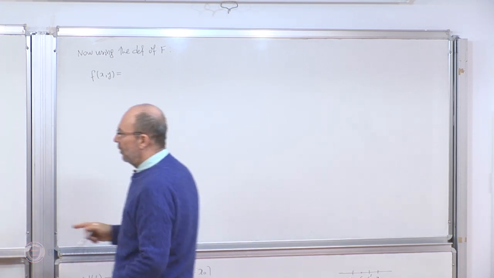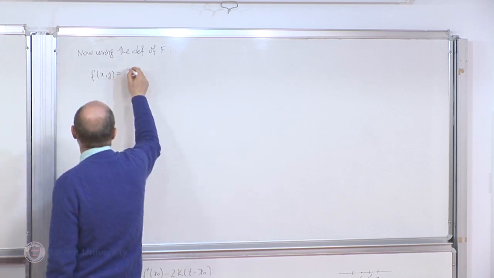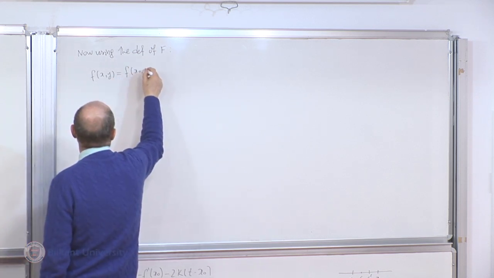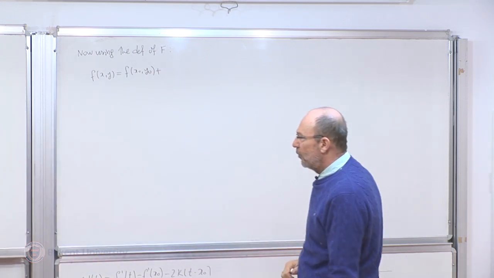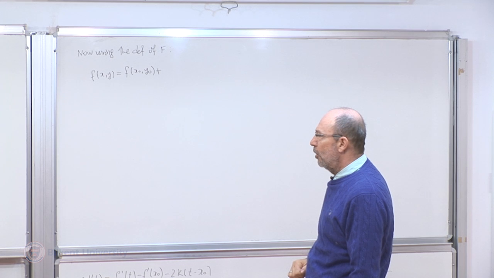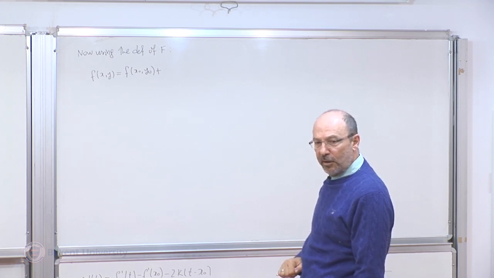On this side f of 0 is just f of x sub 0, y sub 0, plus the derivative, which I'll evaluate at t equals 0. That means I'll evaluate the derivative at x sub 0, y sub 0.